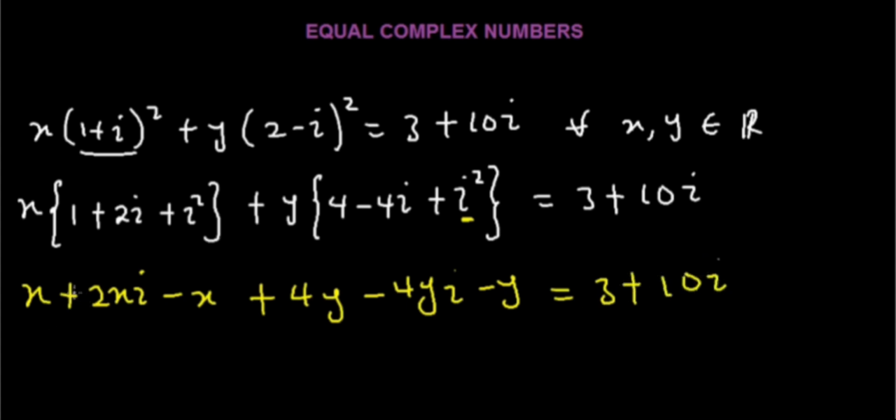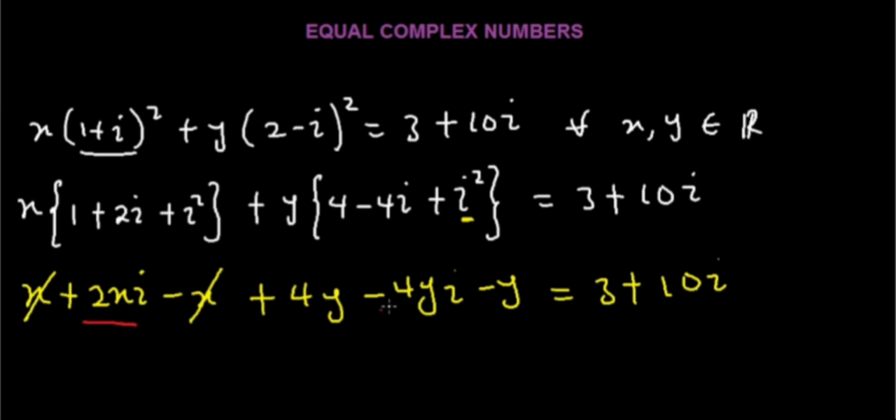Obviously x is cancelling x. The way we can see this one, you can see that this one is cancelling this one, so that one is out. Let's bring the ones that have i together.